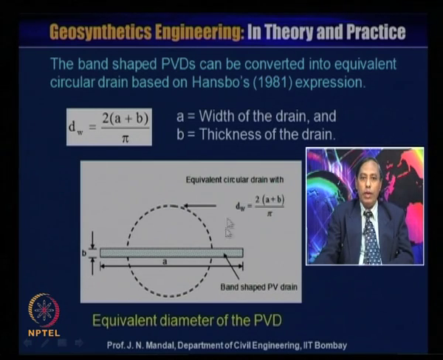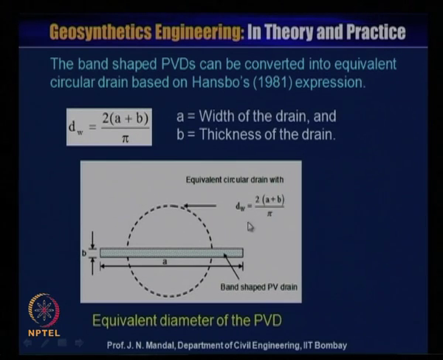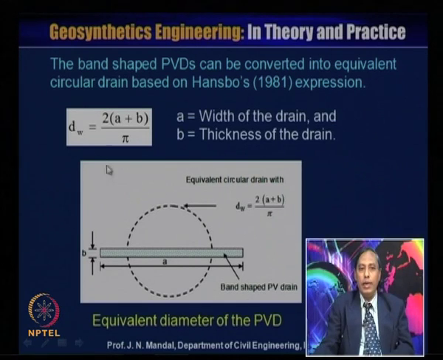So, d_w = 2(a + b)/π is the equivalent circular drain, and this is the band shape prefabricated drain. This is important, that is how you can calculate the equivalent diameter of the PVD. If you know the width of the PVD and the thickness of the PVD, then you can calculate the equivalent diameter of the PVD.